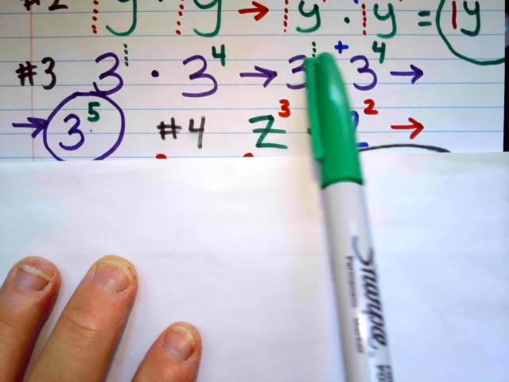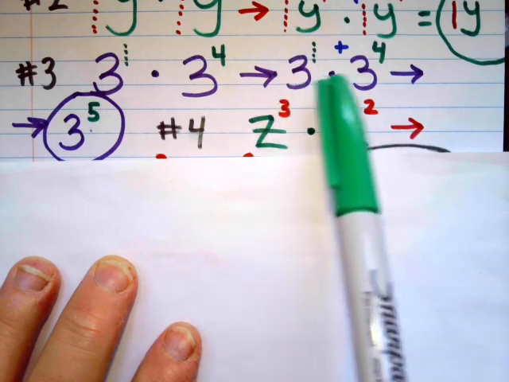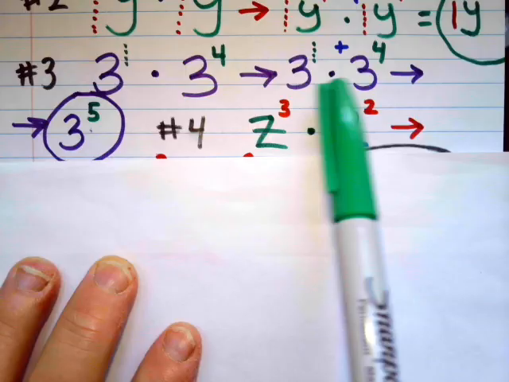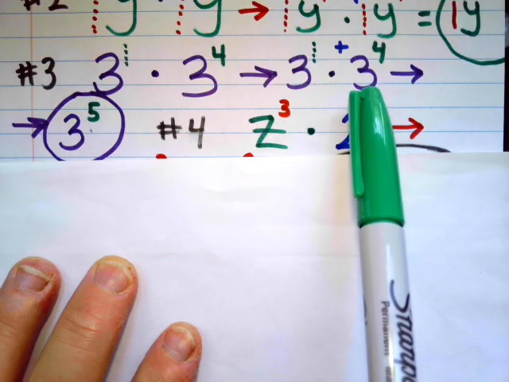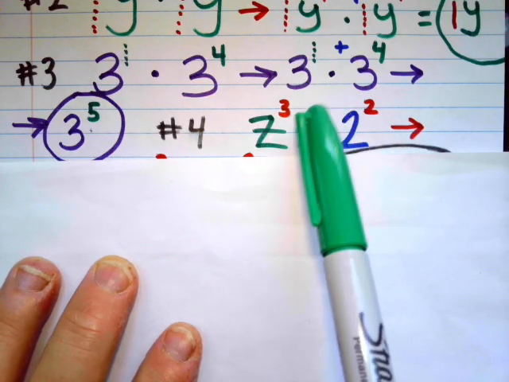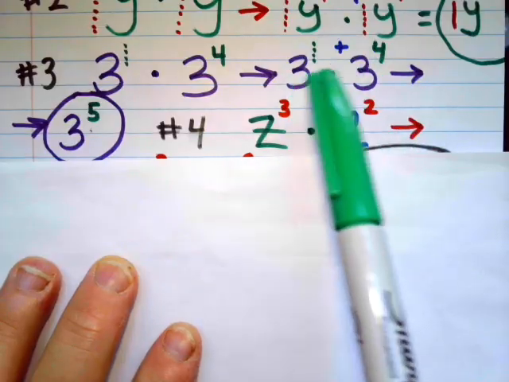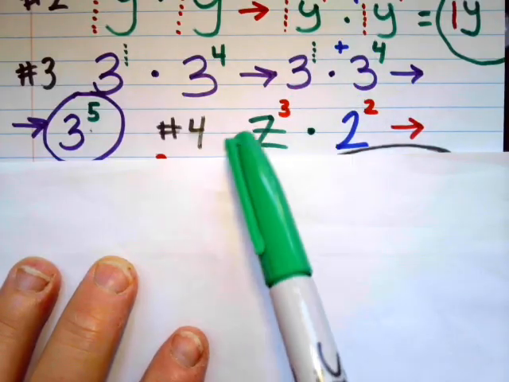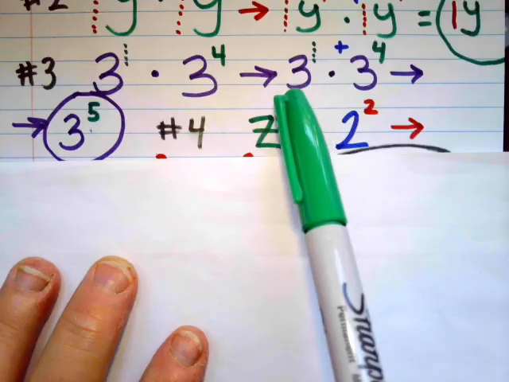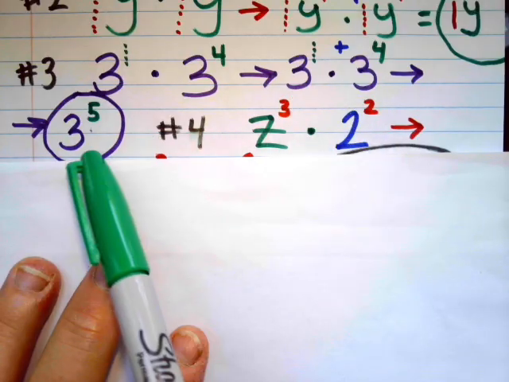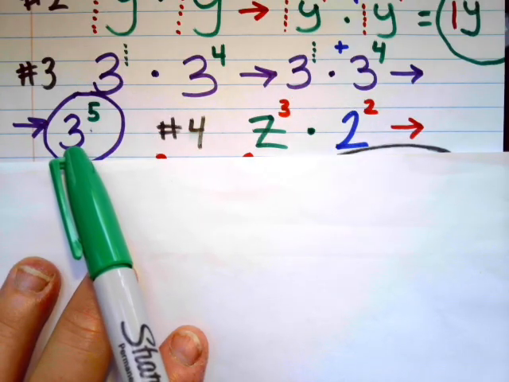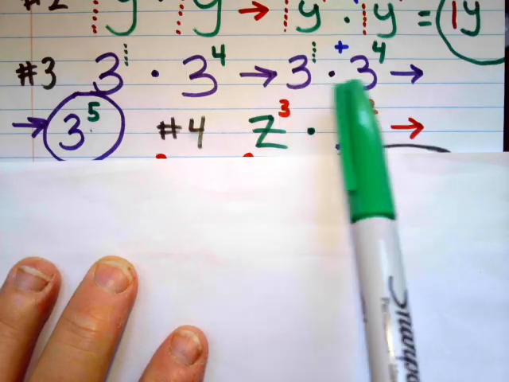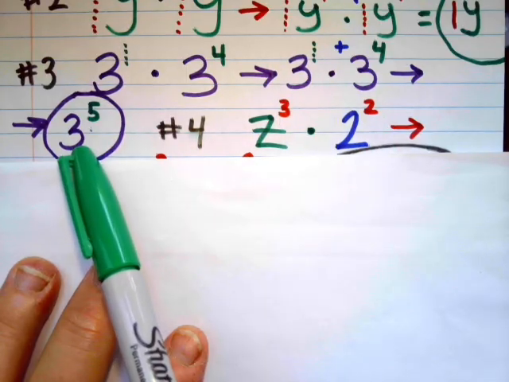The rule is you add the exponents. And when the base is the same, like here, you keep the base the same. We can simplify that further later on, but really we're just focused on the rules for multiplying with exponents. So we keep that base the same. The base is a 3. So keep 3 the same in your answer.